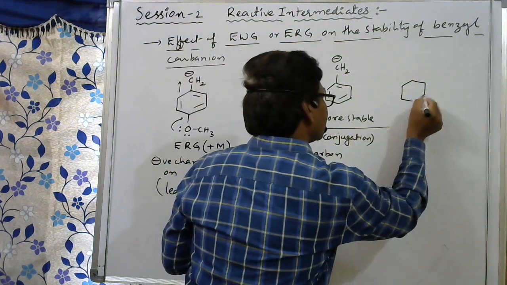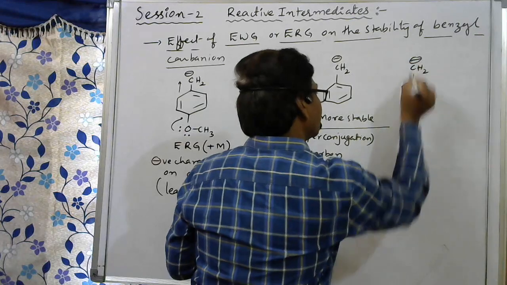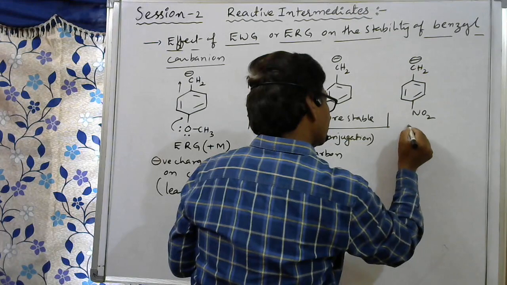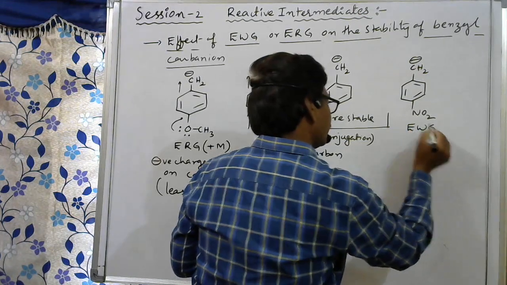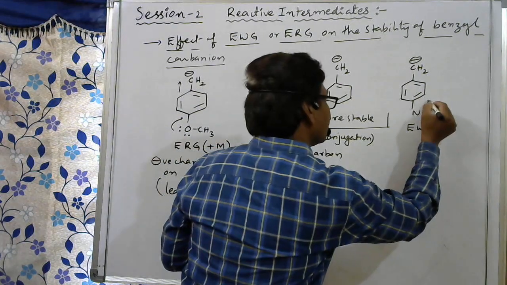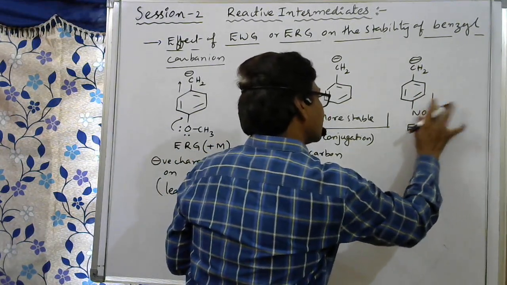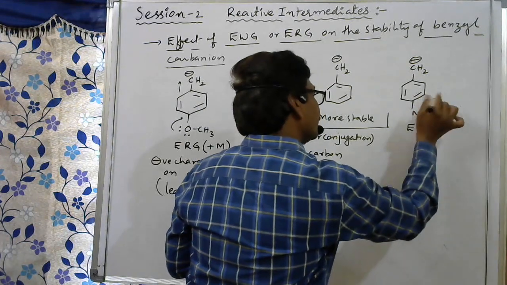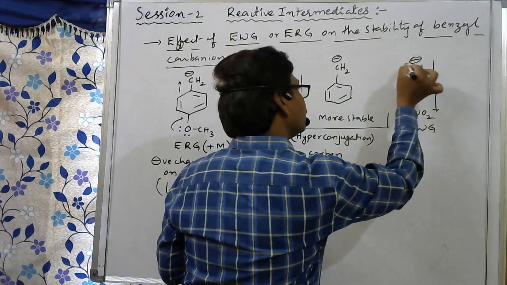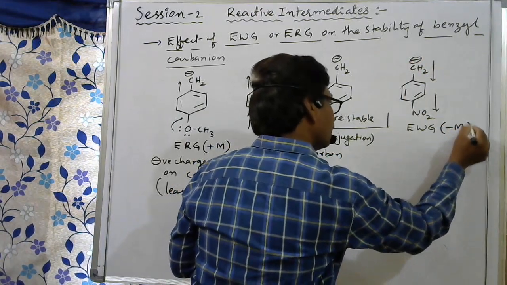Then here, if you observe, CH2 minus. Here I am taking NO2. NO2, you know, is an EWG group, electron withdrawing group, so it can accept electrons from the ring. The ring is deactivated. When the ring is deactivated, it can accept electrons from the top, the negative charge. Because of EWG, through which effect? Minus M effect.